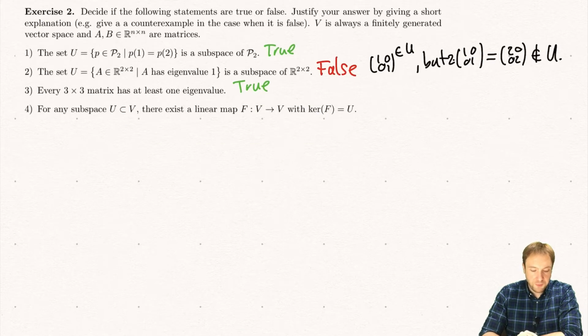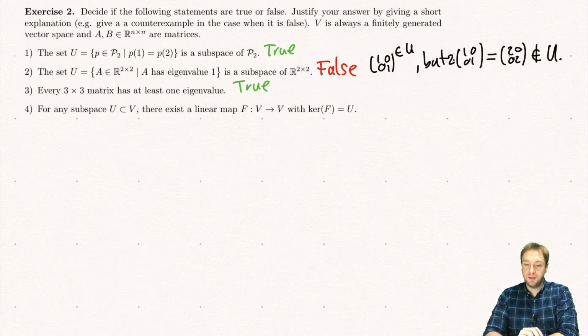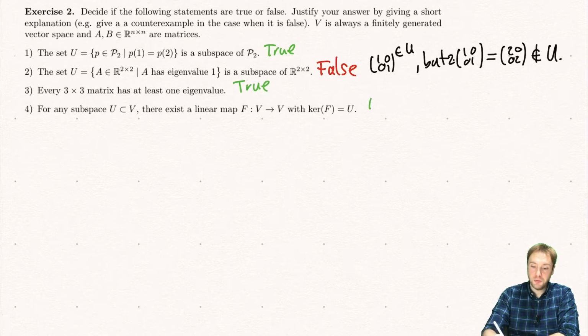Statement number 4. For any subspace U, there exists a linear map F such that this subspace U is given by the kernel of this linear map. And this is also true.